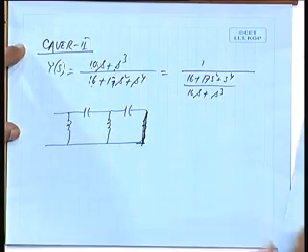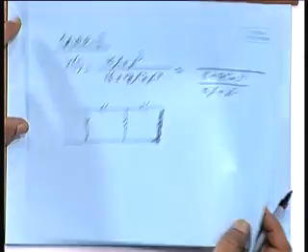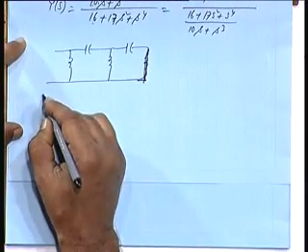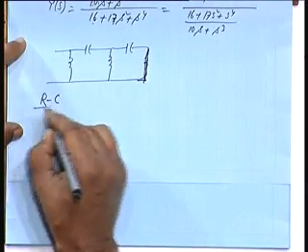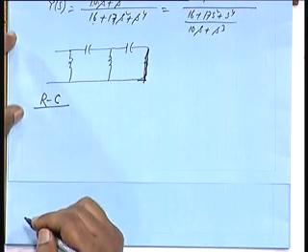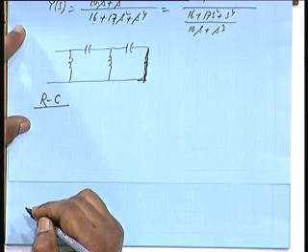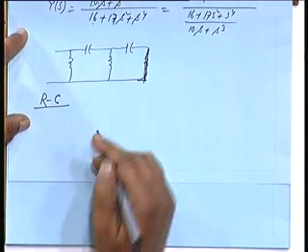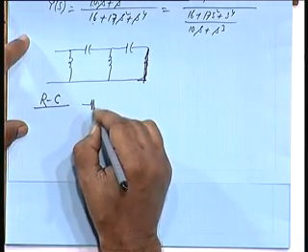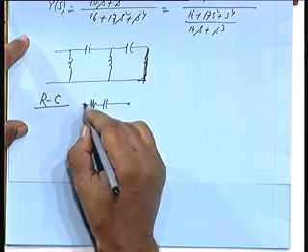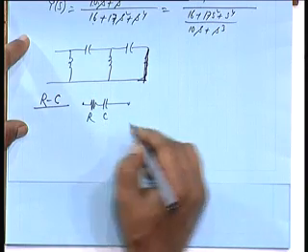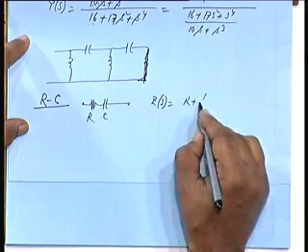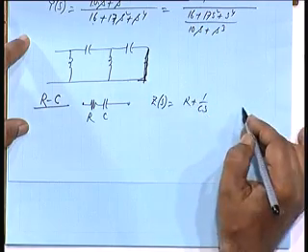So far we have studied 2 element synthesis with L and C. What will be the network function for RC elements if I have only R and C? What will be Z(s)? R plus 1 by Cs. Okay.